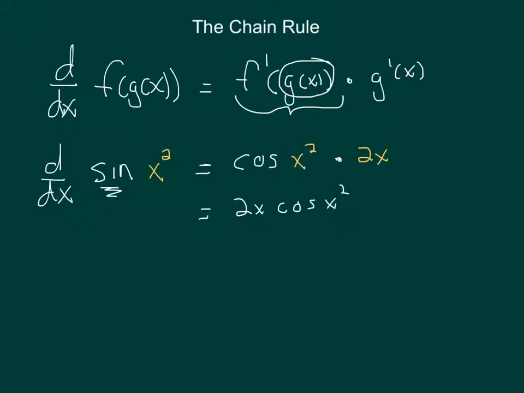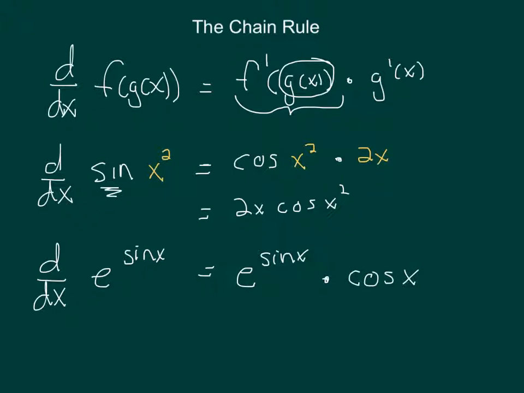Let's try another one. Say we were taking the derivative of e to the sine x. Well, once again, we take the derivative of the outside function, but in this case, that's e, and it doesn't change. So we're left with e to the sine x. Now we multiply by the derivative of the inside function, which is cosine of x.